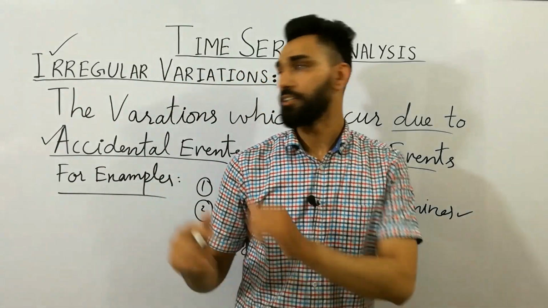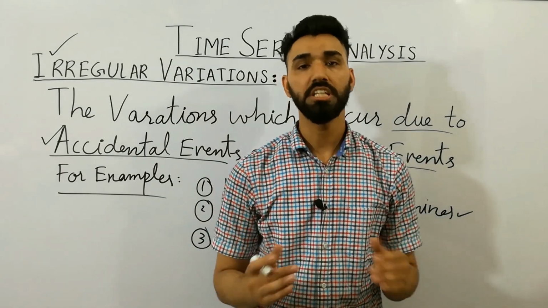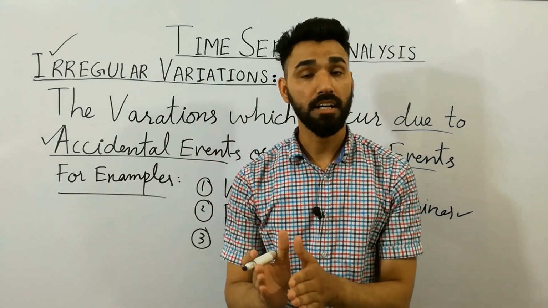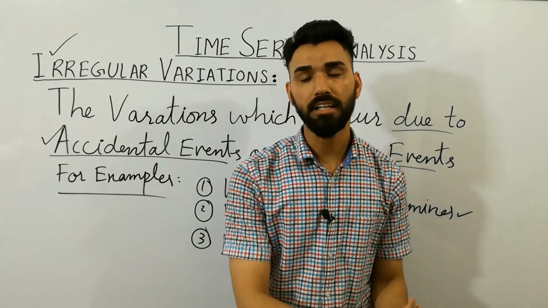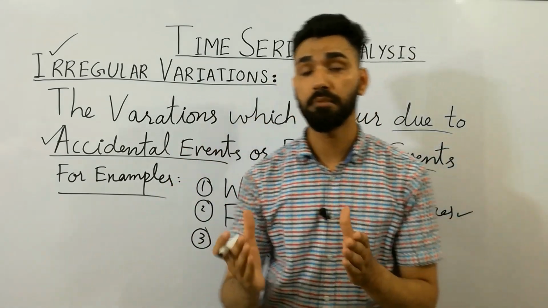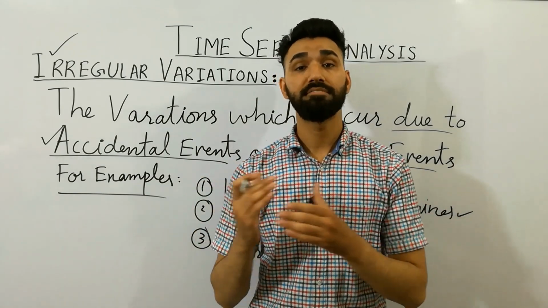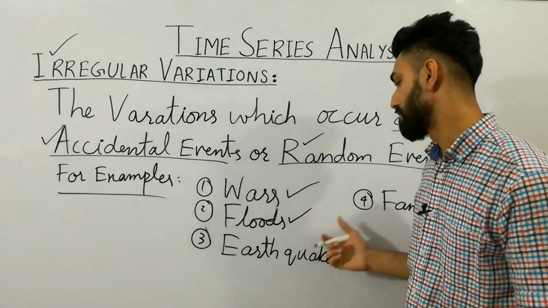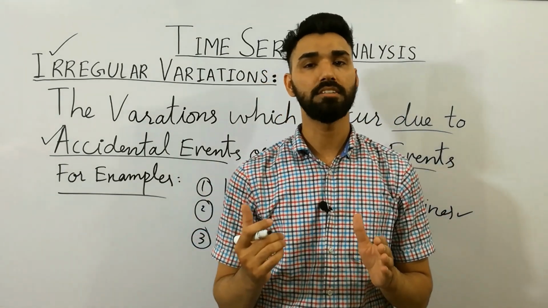I hope that the concept about irregular variations is clear: the variations which occur due to accidental events and random events are called irregular variations. For example floods, earthquakes, which come suddenly, and famines, and wars.